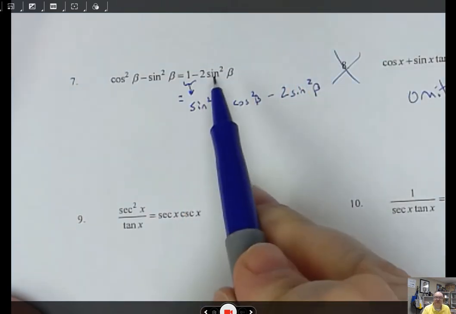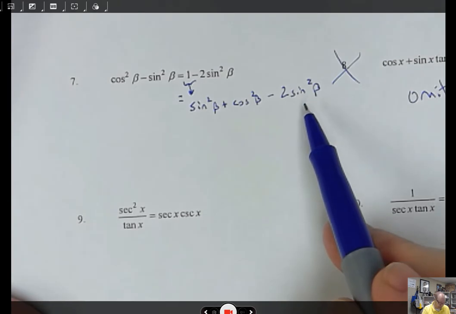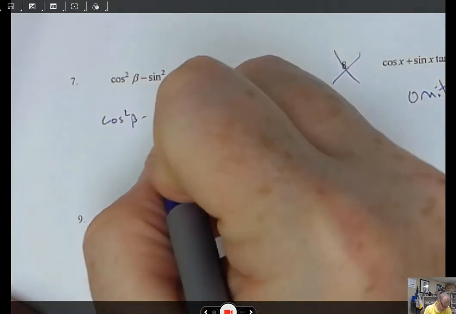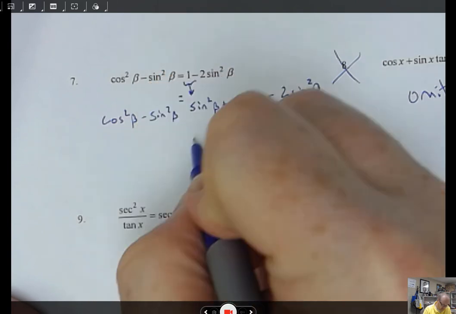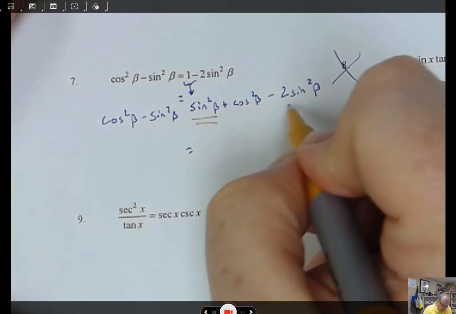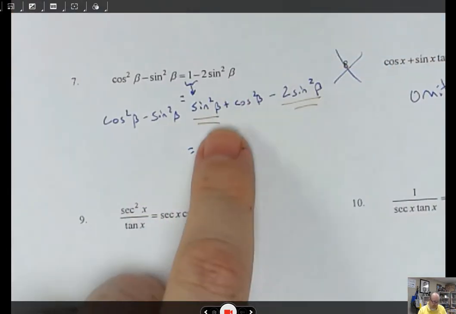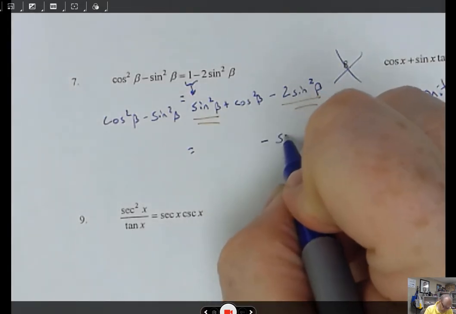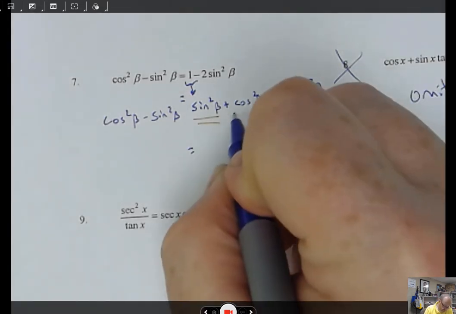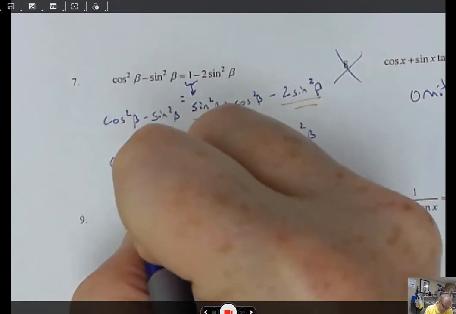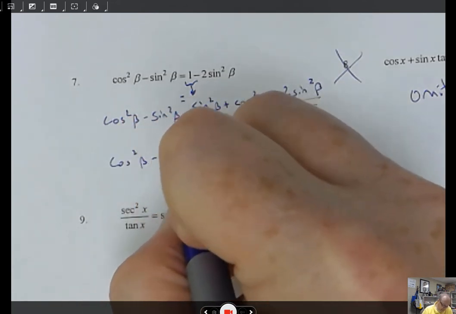And this minus 2 sine squared is this minus 2. Well, then what I've really got now is some like terms. 1 sine squared minus 2 sine squared is a minus 1 sine squared, and a cosine squared, and that proves that identity. I've made them look identical.